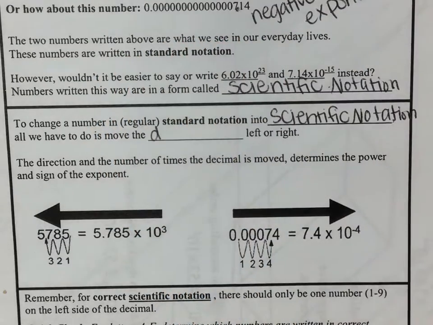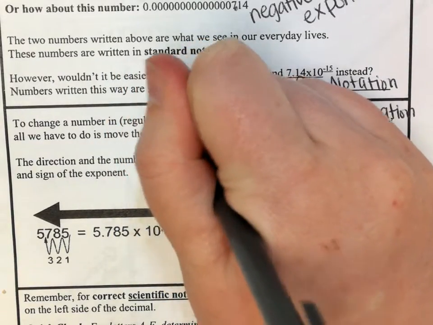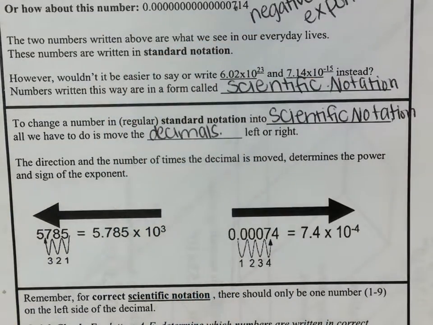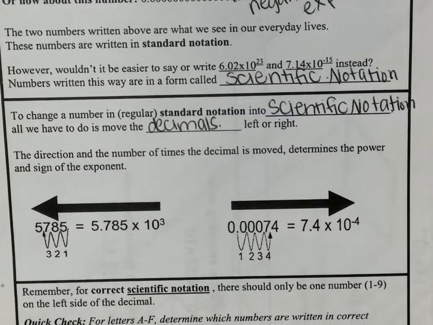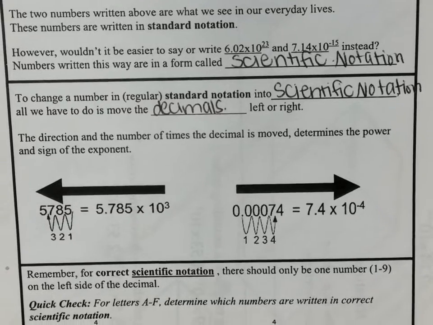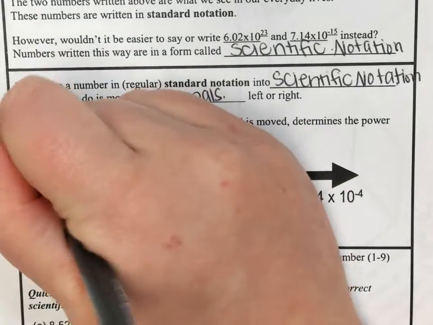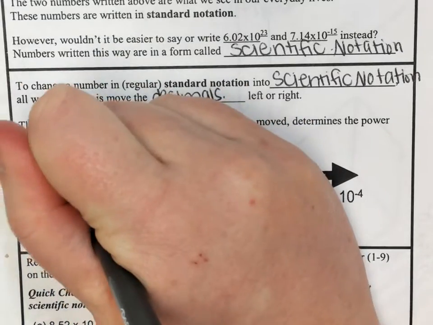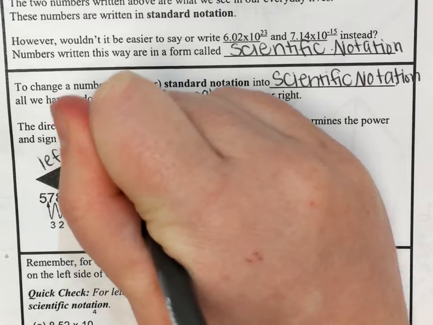Did you just say variable? Are there variables anywhere in here? The decimal, left or right. Okay, so if we move our decimal to the left, because it's a big number, it's going to be a positive exponent.